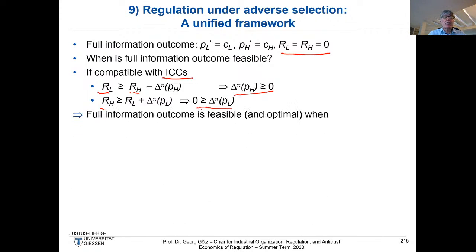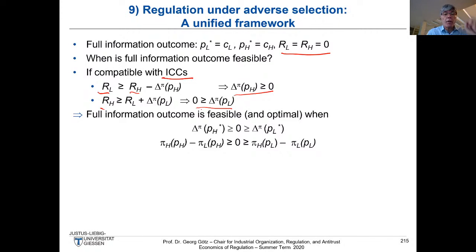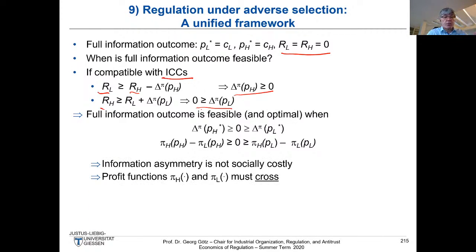Okay, what does that tell us? That's what I already told you. Delta pi pH must be greater than 0 and delta pi PL must be smaller than 0. Or put differently, just using the definitions here, the profit difference, yeah, I think this is just the same.